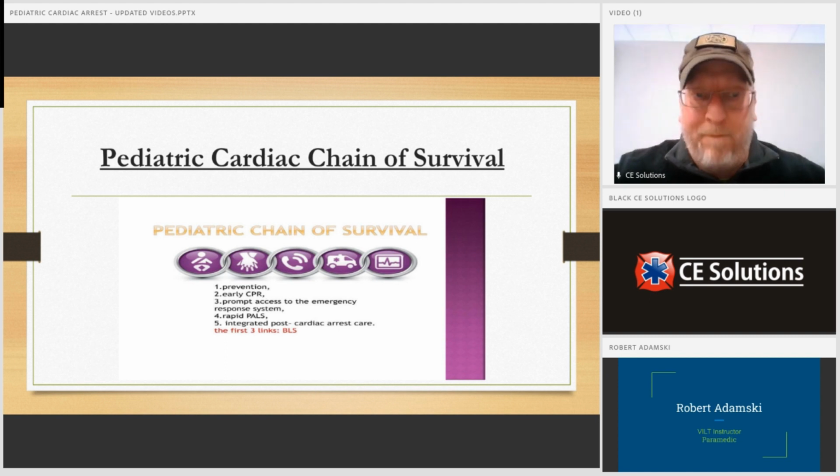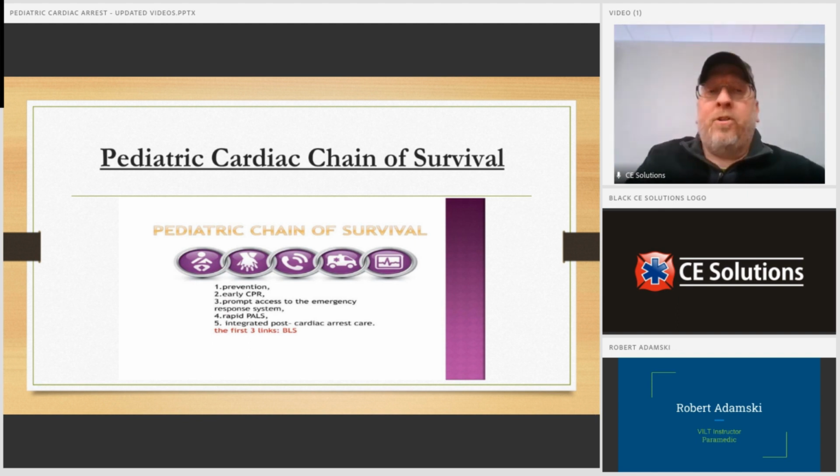If we implement all 5 of these procedures, that's going to give that infant or child the best chance at survival. The first link in that chain of survival is prevention. Obviously, if we can prevent pediatric patients from going into cardiac arrest, that's going to be better for everybody.